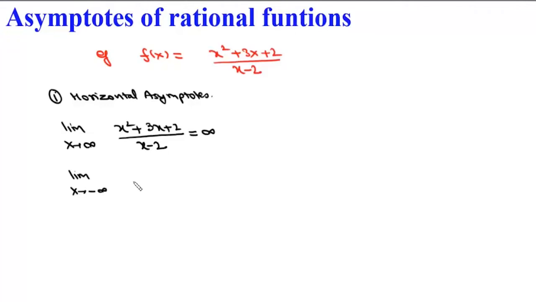Now if we look at this limit, x tends to minus infinity, it will be this (x square plus 3x plus 2) upon (x minus 2). Again here the degree of the numerator is greater than the degree of the denominator. So here it will be minus infinity. So for this rational function, there is no horizontal asymptote.